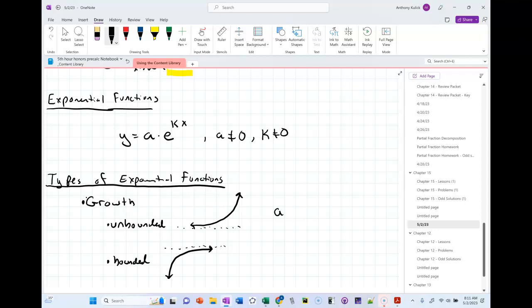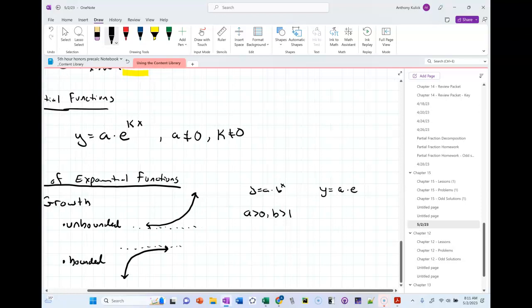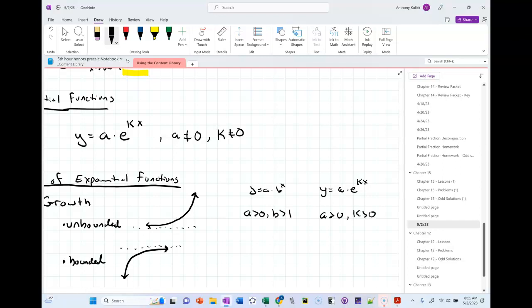For unbounded, if I have the equation y equals a times b to the x, the a is greater than 0 and the b is greater than 1. If it's the other version, a times e to the kx, here a is greater than 0 and k is greater than 0.